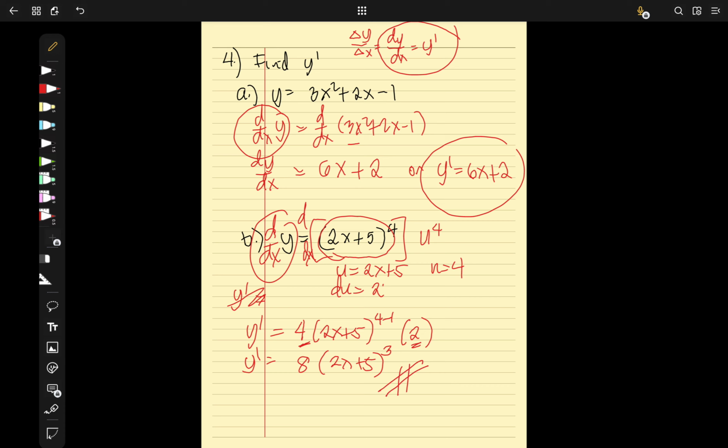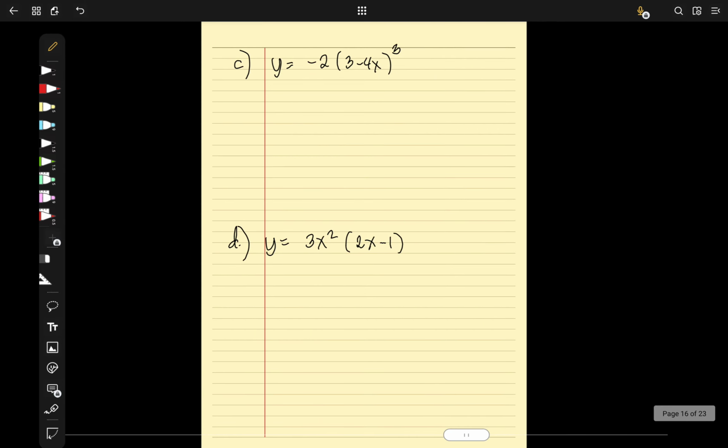Okay? How about letter C? So this is another u raised to n. Paano ko nasabing u raised to n siya? Because meron tayong exponent, so ibig sabihin may power rule tayong gagamitin. But yung exponent na yan, hindi lang single x yung naka-raise sa kanya. It is a polynomial or a binomial, to be specific, binomial raised to 3.